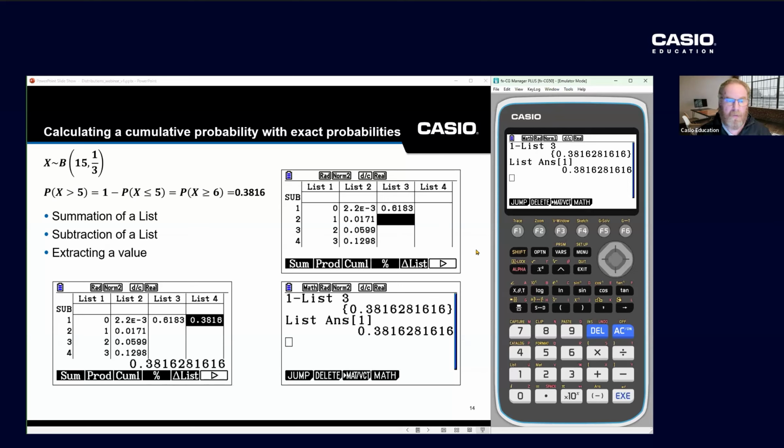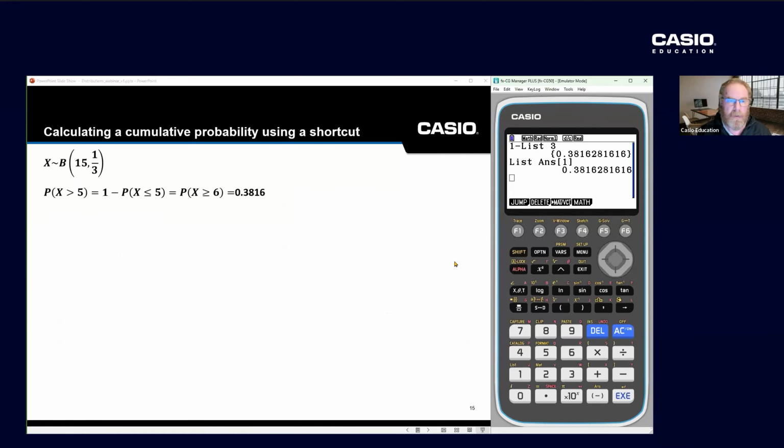Okay. So that is how you can recall the value from a list. Quite useful if you have calculated some probabilities and you want to do some calculations on them.